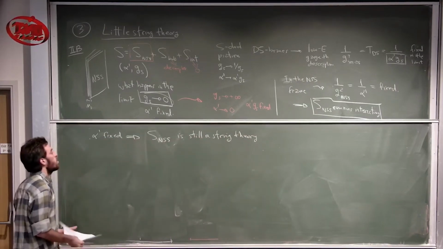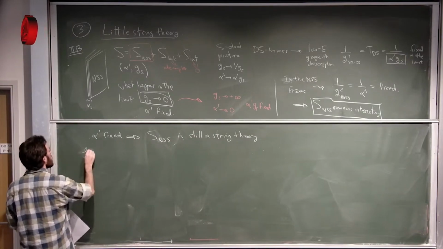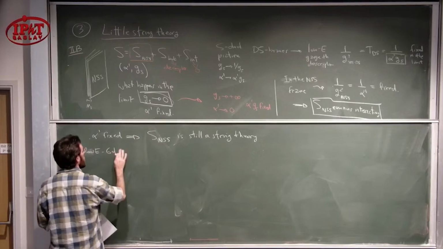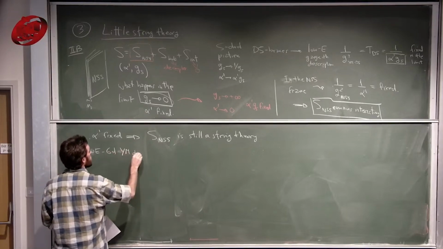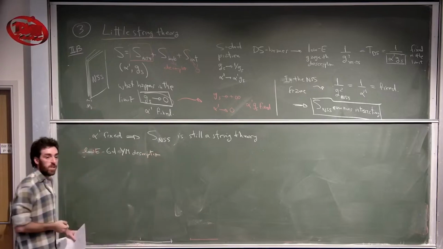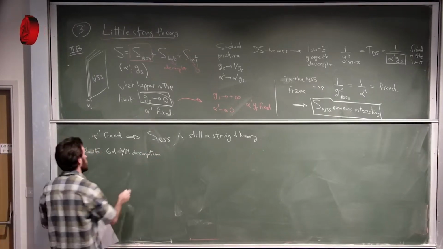How do you know it? You know it because at low energies, I have a 6D Yang-Mills description. But 6D Yang-Mills is not renormalizable, right? I have an energy scale in my coupling.